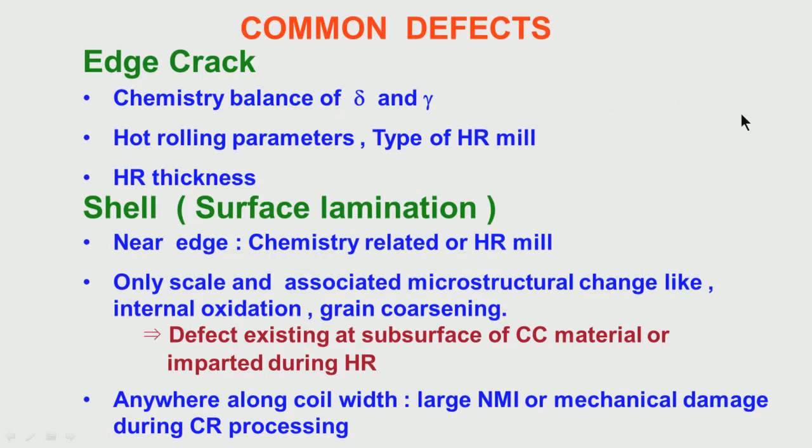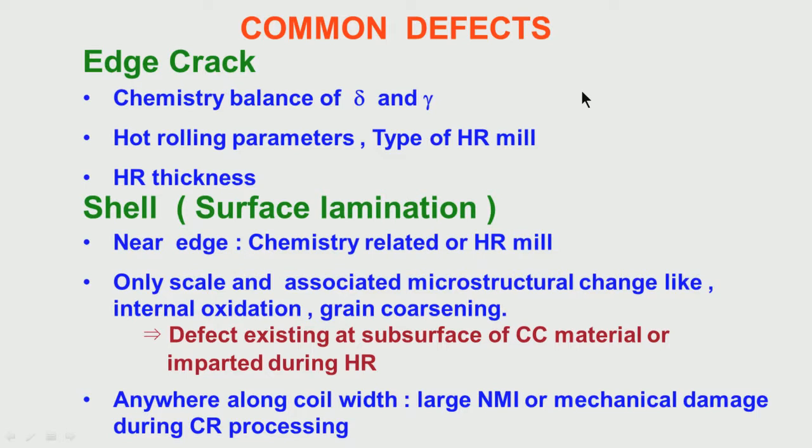Normally it has been found that there is a chemistry balance problem between delta and gamma. That means in a certain grade of chemistry, say 304, a common stainless steel grade I have talked about, the nickel equivalent by chromium equivalent is around say 0.55 only, the so-called peritectic chemistry.